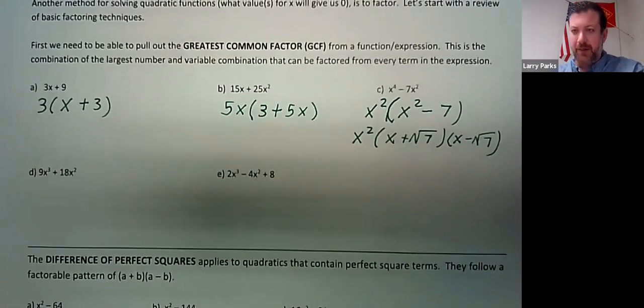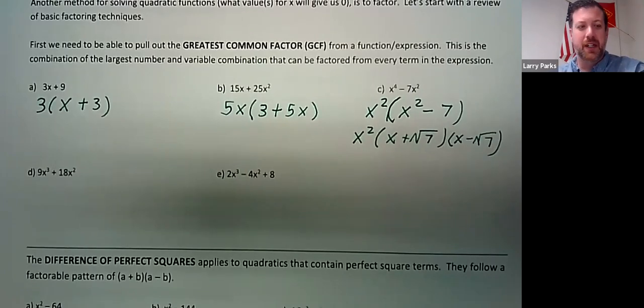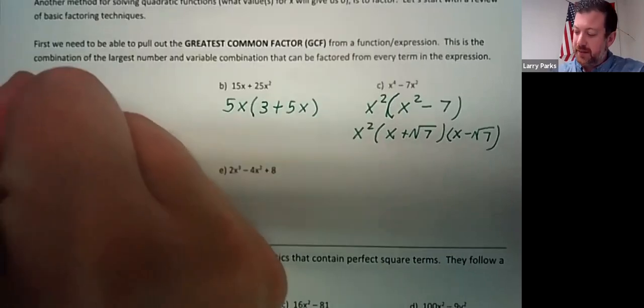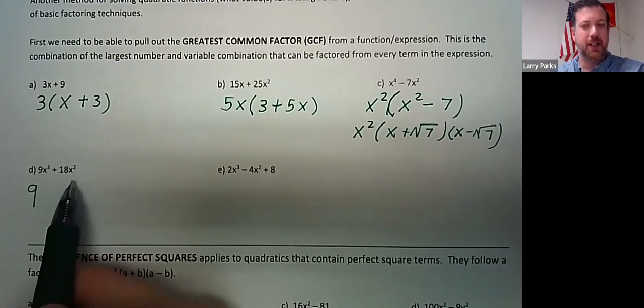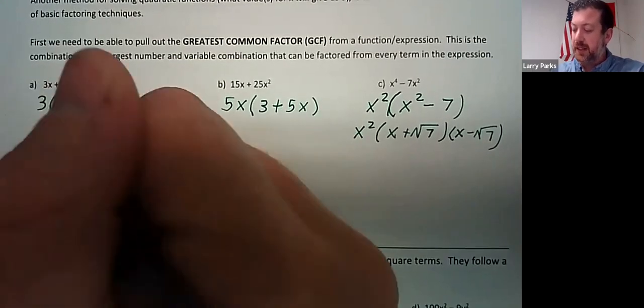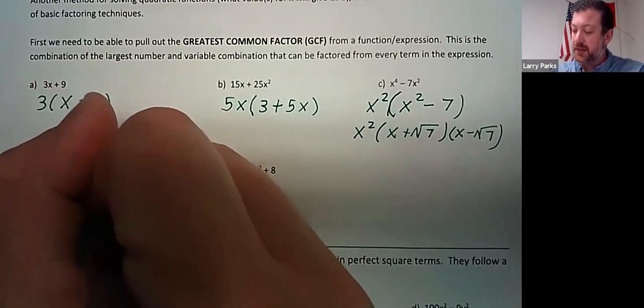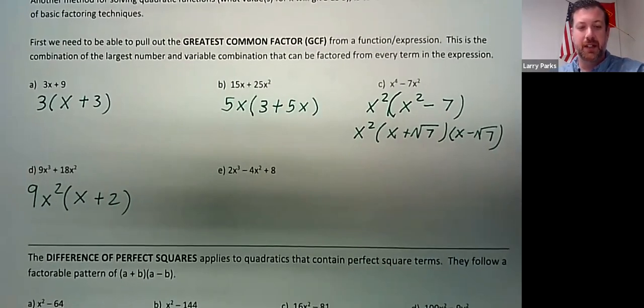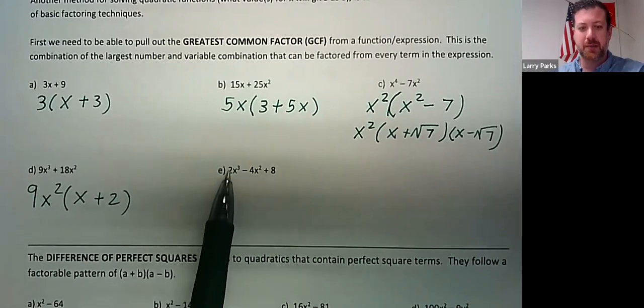I want to make sure we save time for everything. So these other two I'm going to go through really fast. GCF is 9 for 9 and 18. X cubed and x squared is x squared. And that would be leaving an x plus a 2. And again, this is review. And then E, when I look at E, they all don't have x's, but they each have a 2.